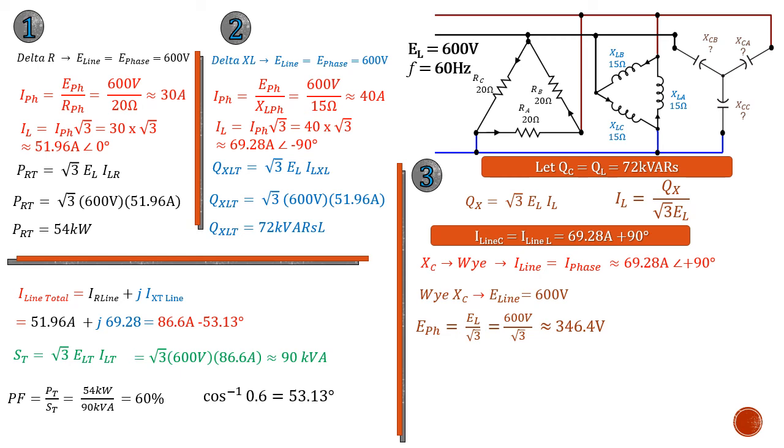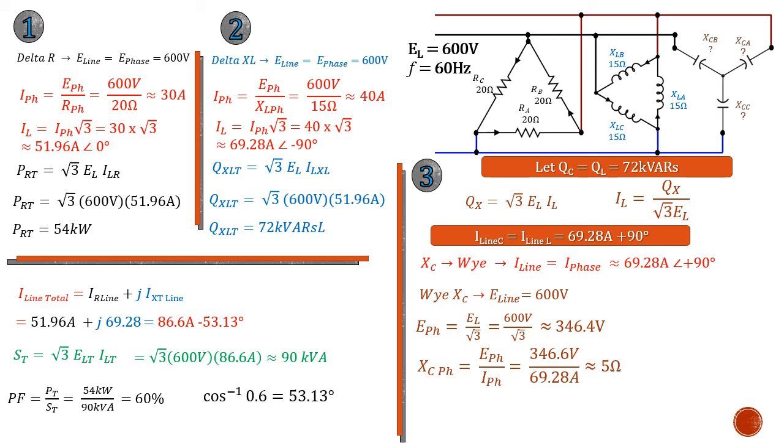So take your line, divide by √3, and that gives us about 346.4 volts per phase in our Y. Now that we have our phase current and our phase voltage, we can find our capacitive reactance per phase, which works out to be 5 ohms per phase capacitive.